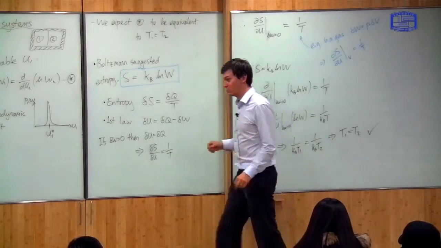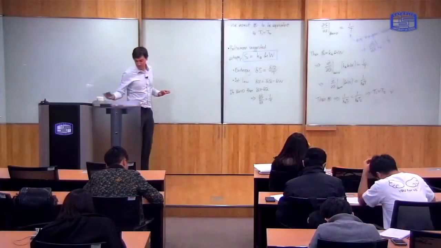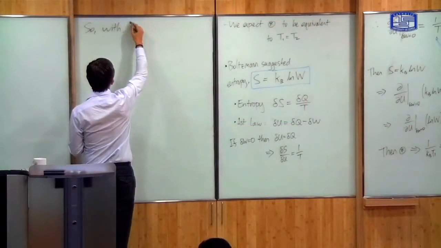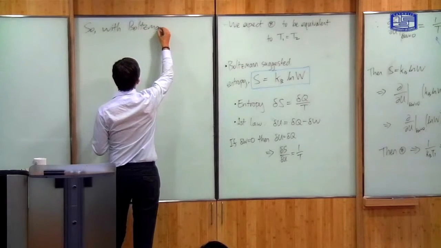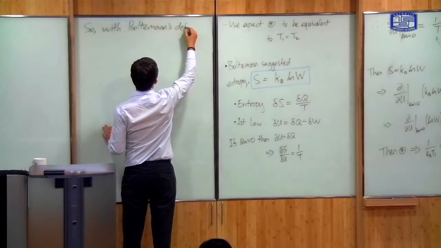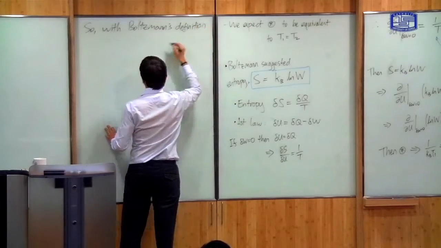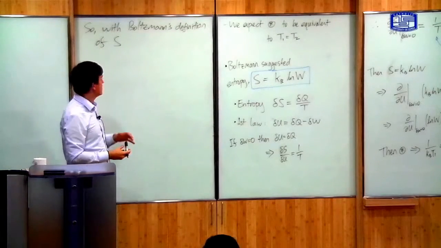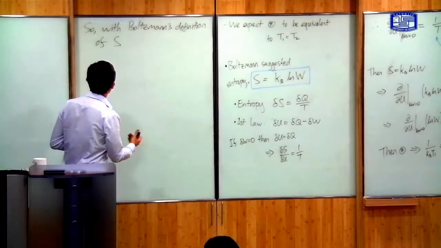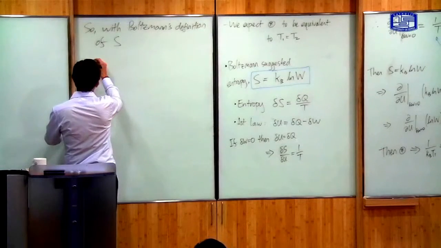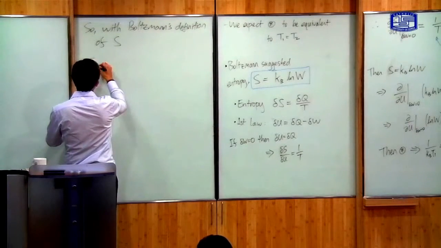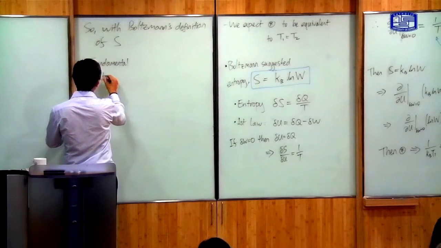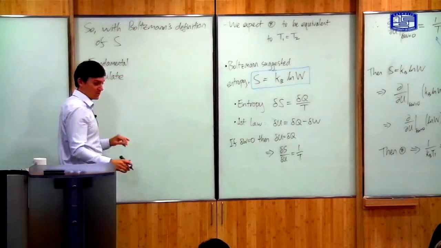So if I just summarize that in words, with Boltzmann's definition of the entropy S, what we've seen is that the fundamental postulate, when you join two systems together, implies that the systems are at thermal equilibrium. So the fundamental postulate is all we use to derive the equation star.